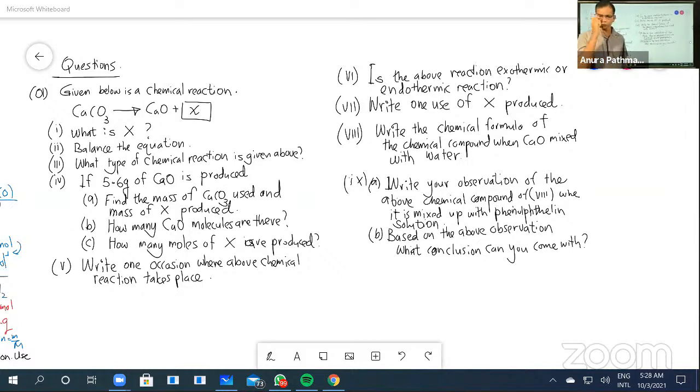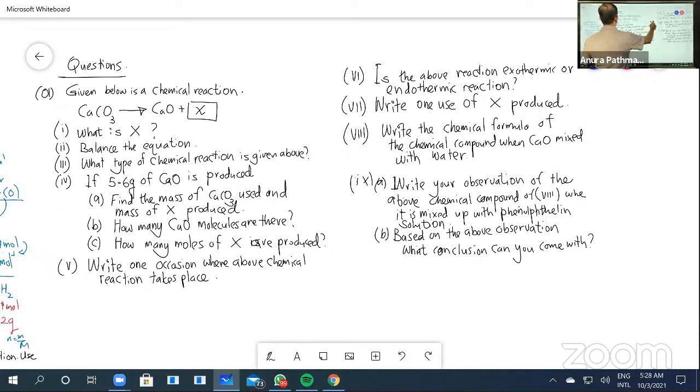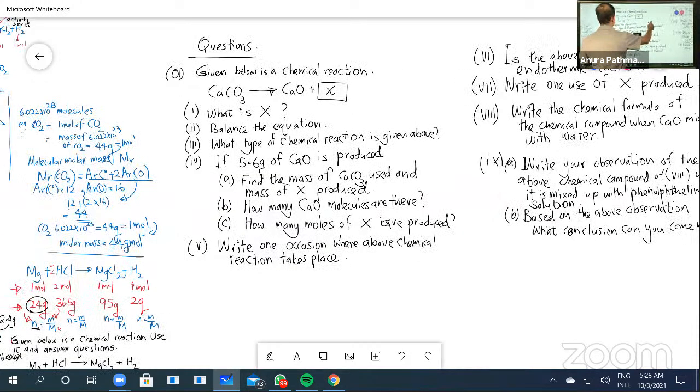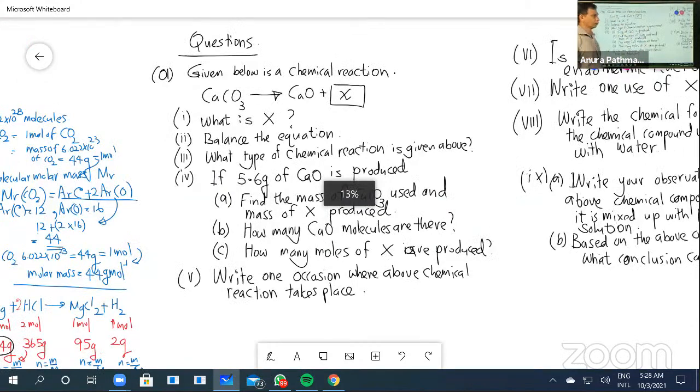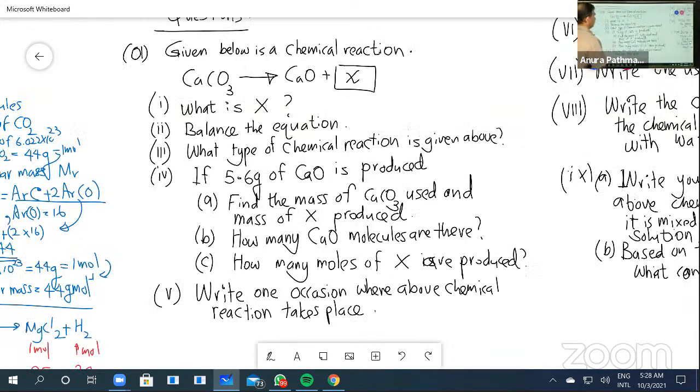Let's try to find the answer. Do you think this is easy or difficult? Some of you, grade 10, actually don't know because it is not in your syllabus.